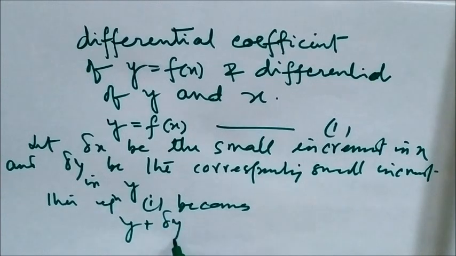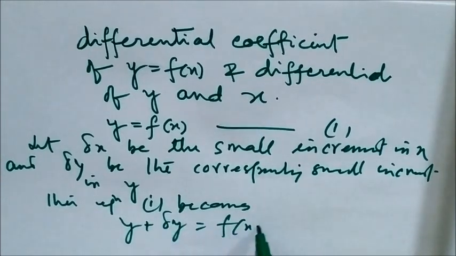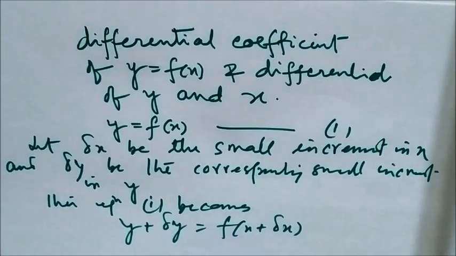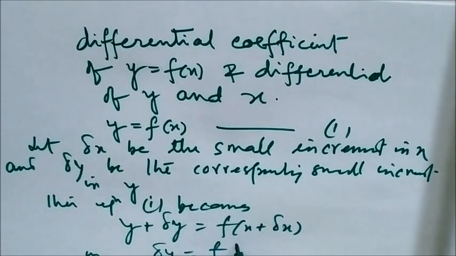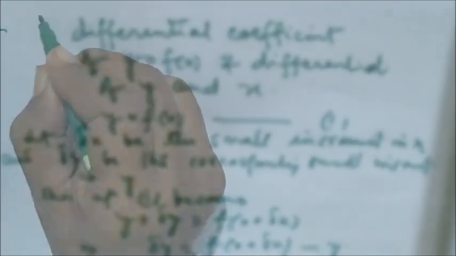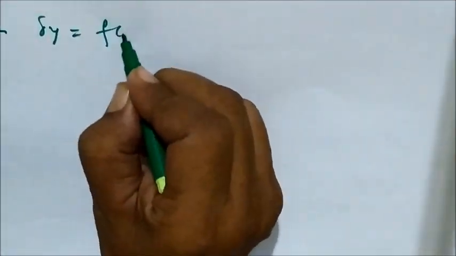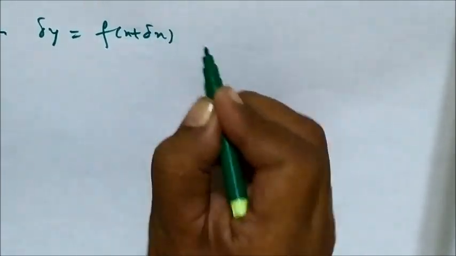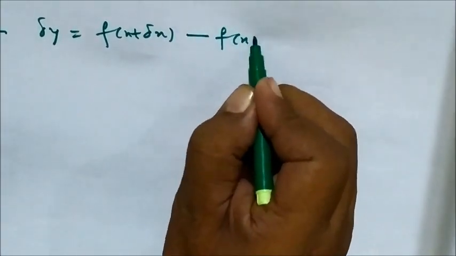y plus delta y equal to f(x plus delta x), or delta y equal to f(x plus delta x) minus y, delta y equal to f(x plus delta x) minus f(x).